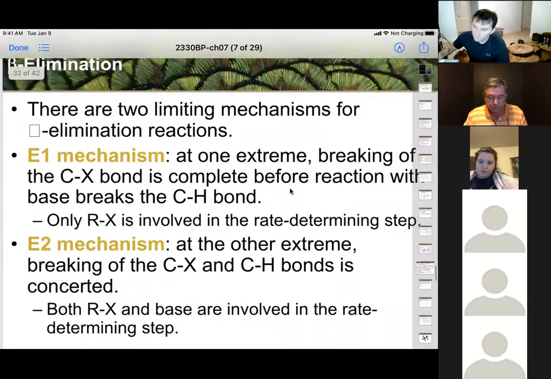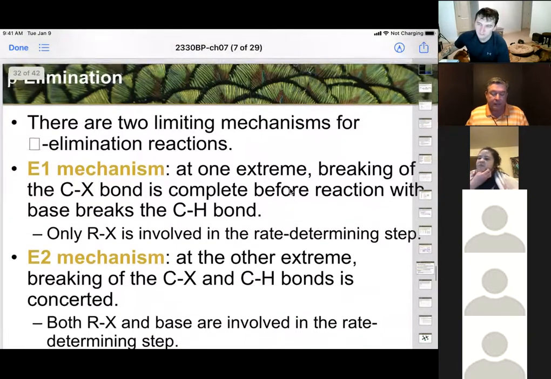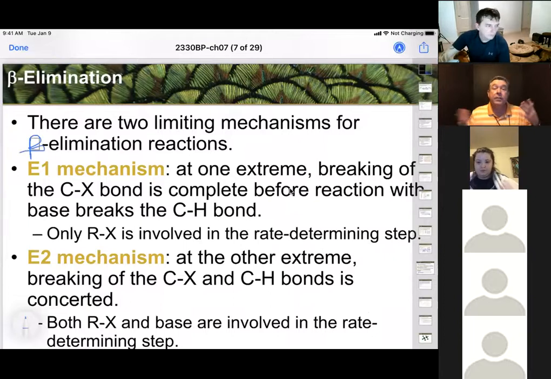Okay, so in beta elimination, there are actually 2 competing mechanisms, just like in the substitution reaction. The 2 competing mechanisms are called the E1 mechanism and the E2 mechanism. In the E1 mechanism, we actually form a carbocation first, so it's unimolecular. Just like in SN1, you have to form a carbocation.